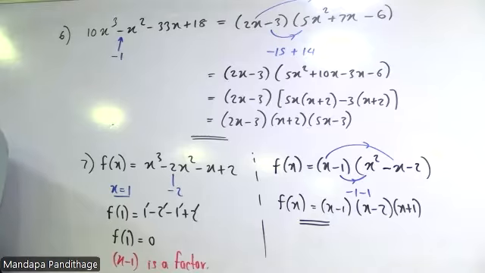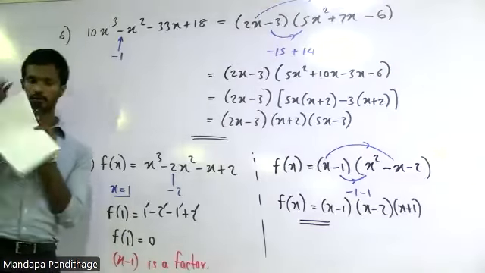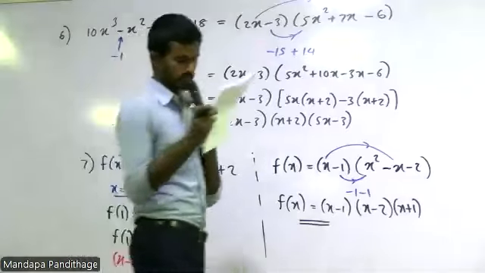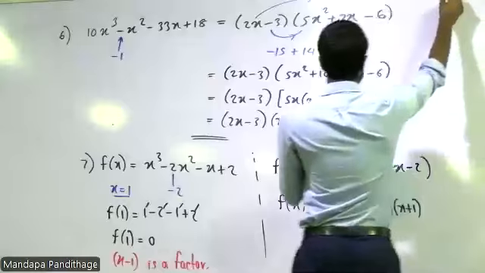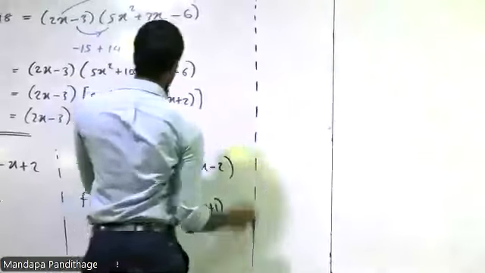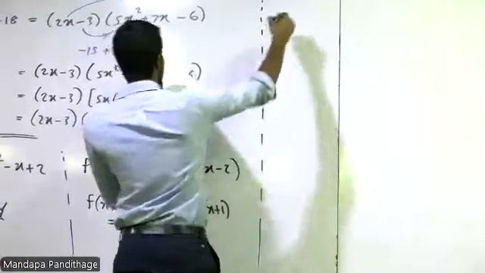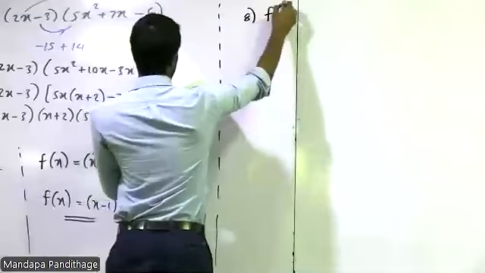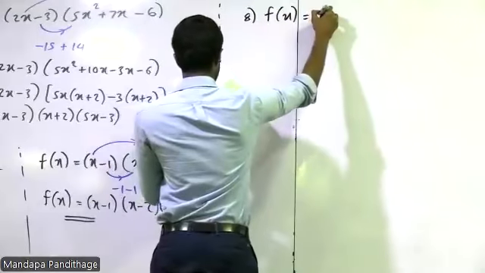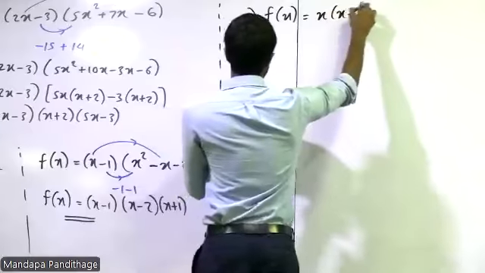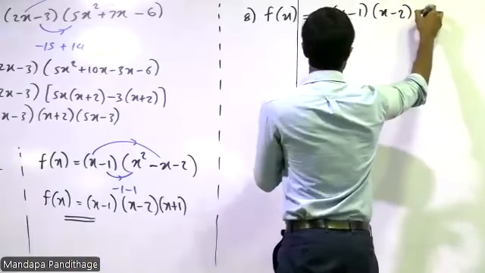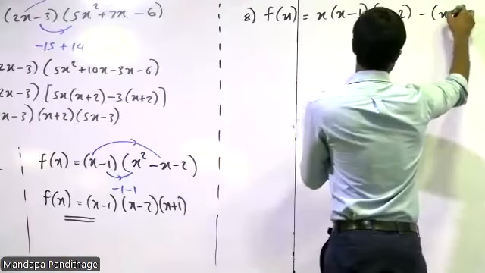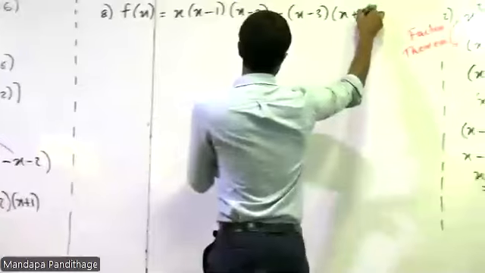Question number 8. One factor has been given. x minus 4 is a factor that they have given, and we are supposed to find the other one. f(x) is equal to x minus 1, x minus 2, minus x minus 3, and x plus 20.